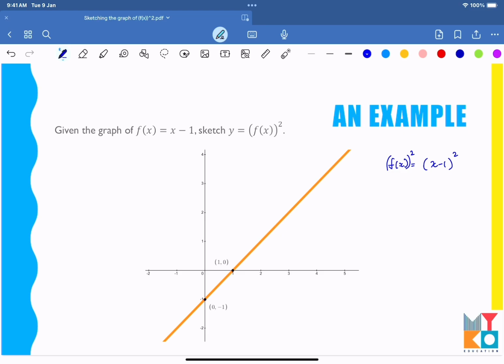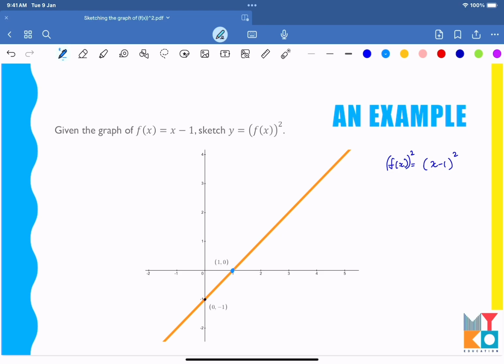First of all, the graph will have the same x-intercept as before. The linear line x minus 1 has x-intercept (1, 0), and the square will also have an x-intercept at (1, 0).